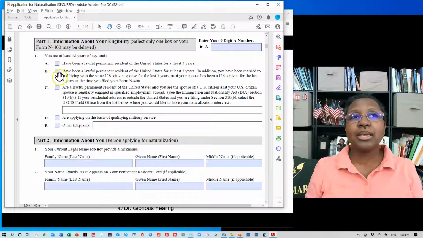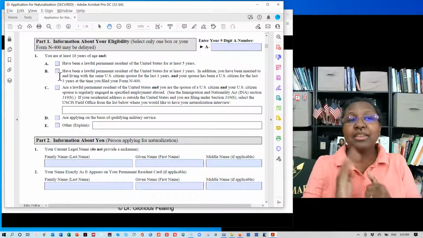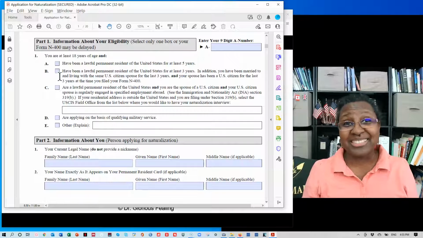Letter B, you are 18 years of age and you have been a lawful permanent resident of the United States for 3 years. And you were married and living with the same person and they were a citizen for the last 3 years. And that person has been a U.S. citizen at the time you filed your form.